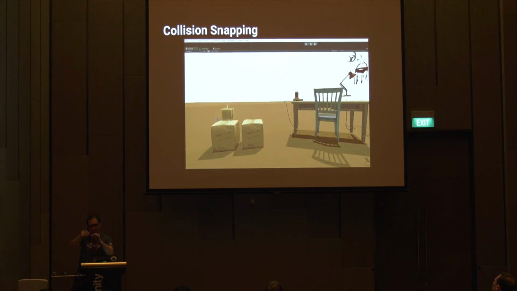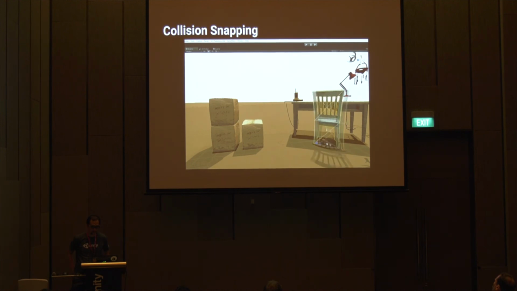You keep adjusting, but you can't really get it to sit exactly on top of a surface, and that's very frustrating. But if your surface has a collider set up, you can use collision snapping to snap it exactly on top of that collision box. All you have to do is hold Control Shift and move that object, and it will snap to a collider surface.